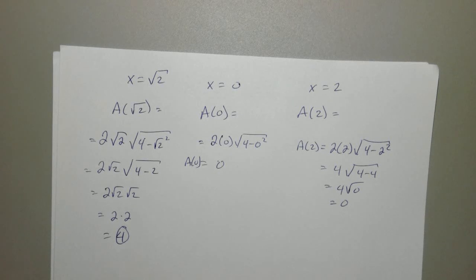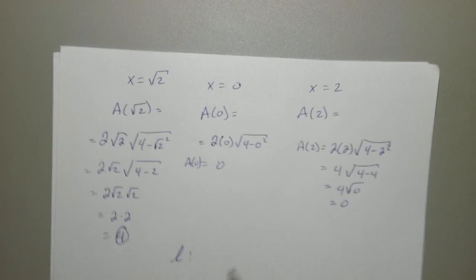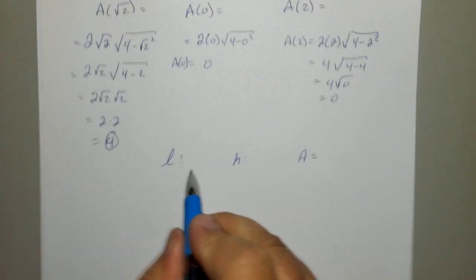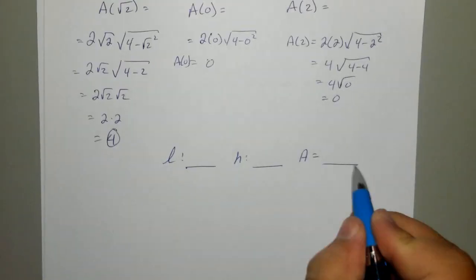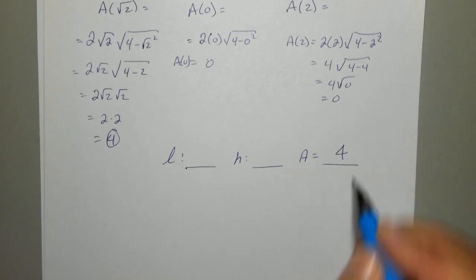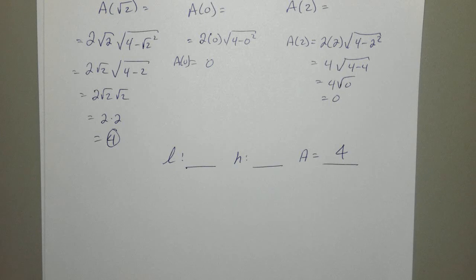What does that tell us? Remember, these are what they're looking for, the dimensions. So the largest area is 4. When does that happen?